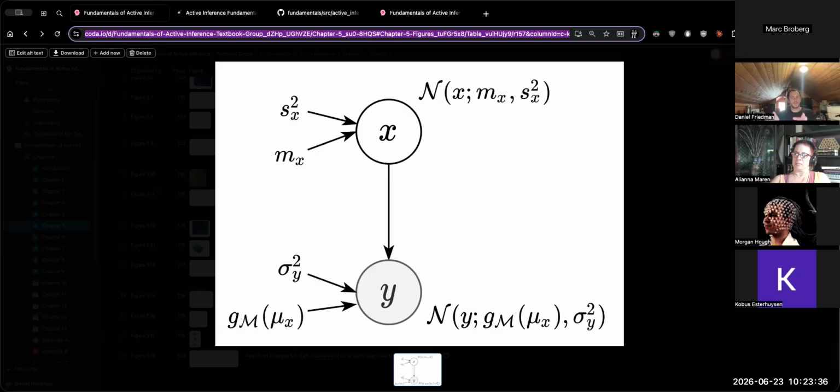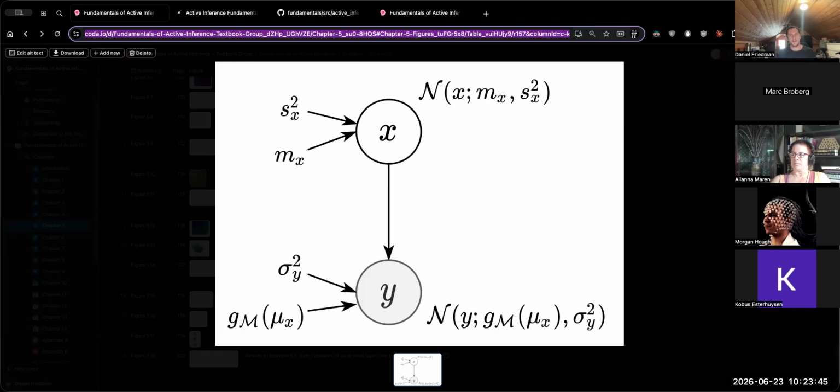Yeah, you said it correctly, which is we don't see a vertical line, the pipe. So it's not that it's conditioned on anything, but yes, what does it depend on? How do you get a y? Well, you get it from the g sub m of mu. That's going to give us the point estimate of the central tendency of our expected y given a mean of the latent state, and it depends on the variance, sensor noise.